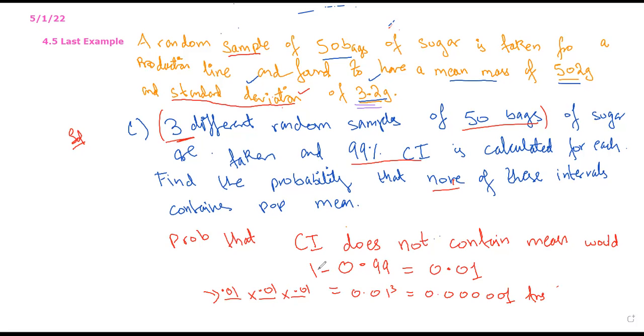Yeah, because you have three different samples, so you have to multiply it too. Very good. You have to multiply the probability that this does not contain, because of this word none. Okay, I should rub this, right? You're clear with this part. Yes. Perfect.